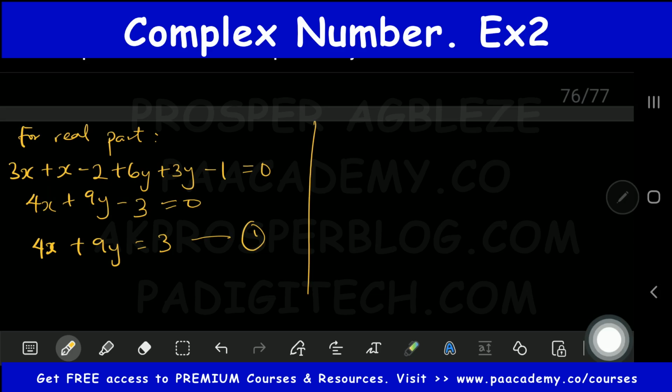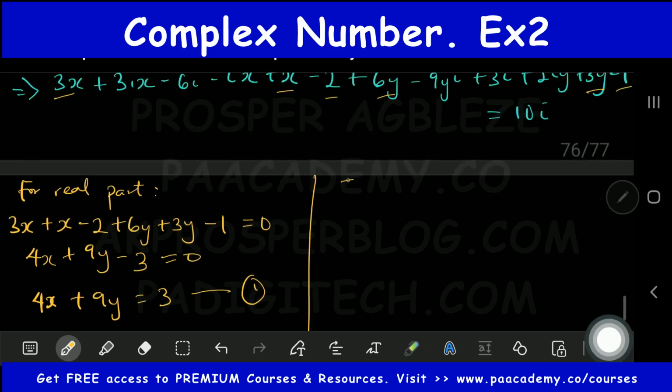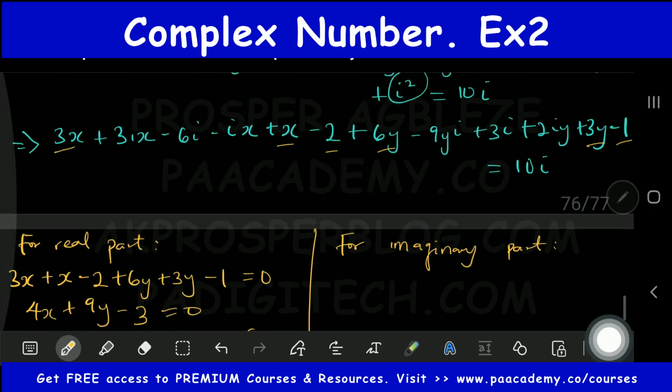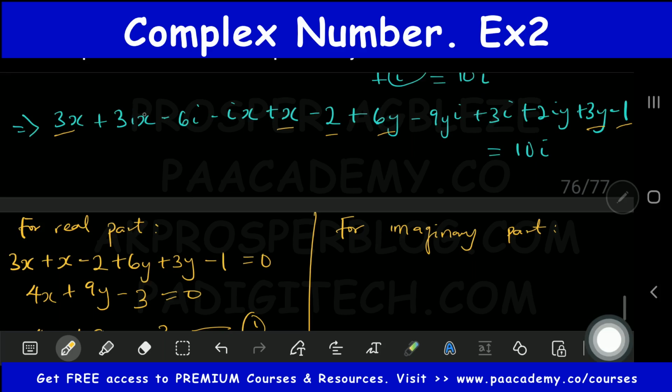So let me do it on the other side too, that for the imaginary part. The imaginary parts now are the ones that have this i, so let me circle them. You can see all of these like this. So this time around we don't need to put the i. You can just write it out without the i.